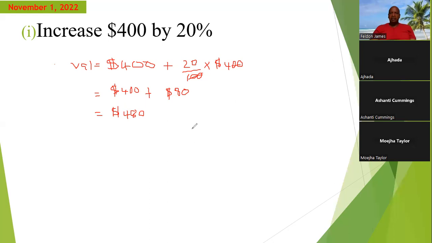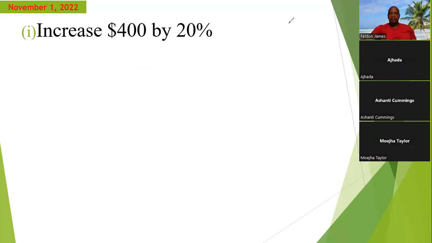All right, so you need to be clearer in your steps, so that when the examiner looks at the problem and sees what you're doing, they can follow exactly what you're doing. And in that respect, they will give you your marks. All right. Everybody understand that? Yes, sir. Okay, all right.